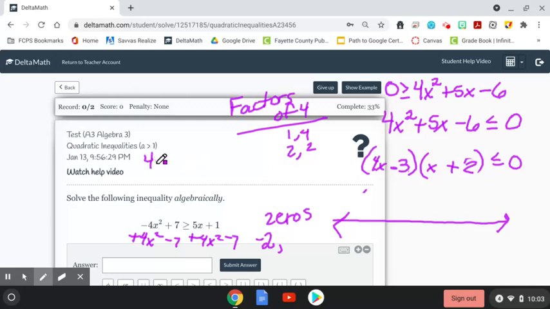So 4x minus 3 equals 0. Solve it, add 3 to both sides. 4x equals 3. X equals 3/4. So I've got a 0 at negative 2 and a 0 at 3/4.